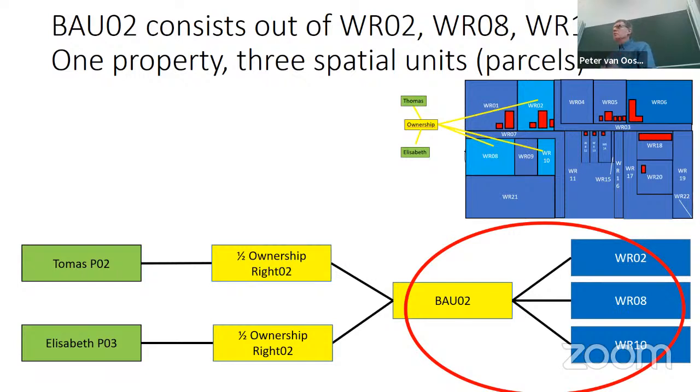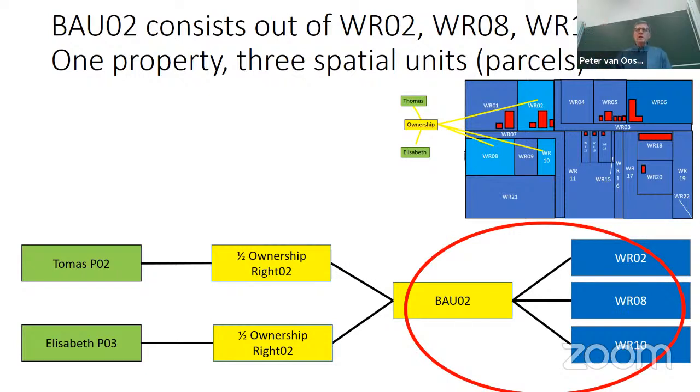That has influence on, say, things like taxation. If you have a bigger share, you have to pay more tax. But in principle, it's a complete right, undivided over the whole parcel, but there are multiple persons involved.